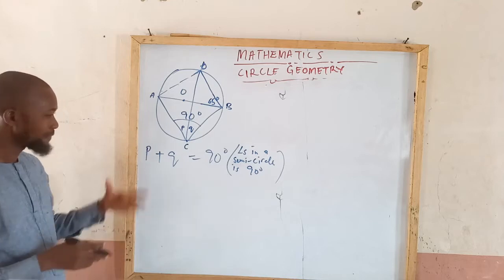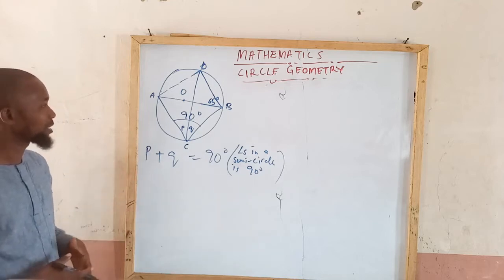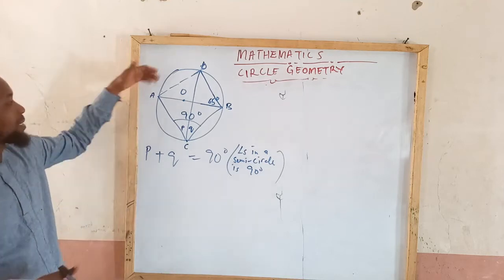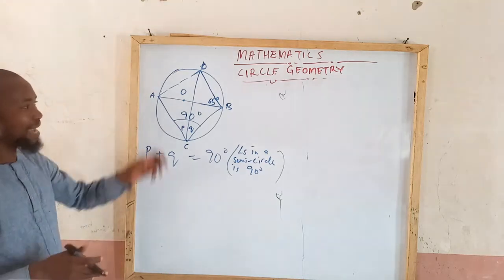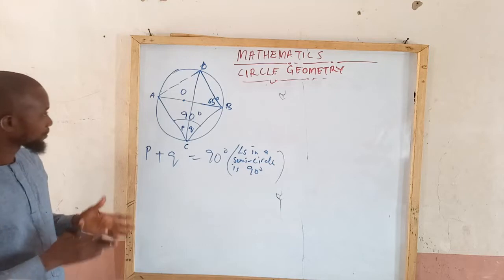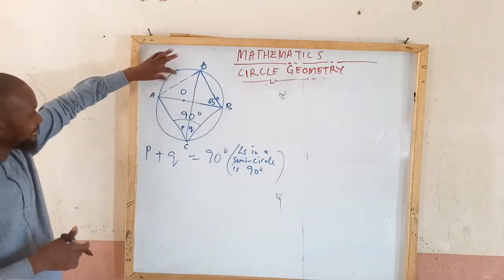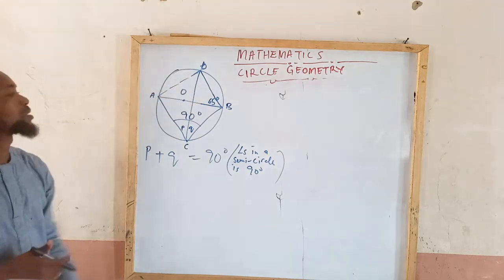Now applying angle in the same segment simply means we are looking for another angle which has this A and D as its base. That is, we are looking for an angle that is sharing the same chord with angle 65 degree.